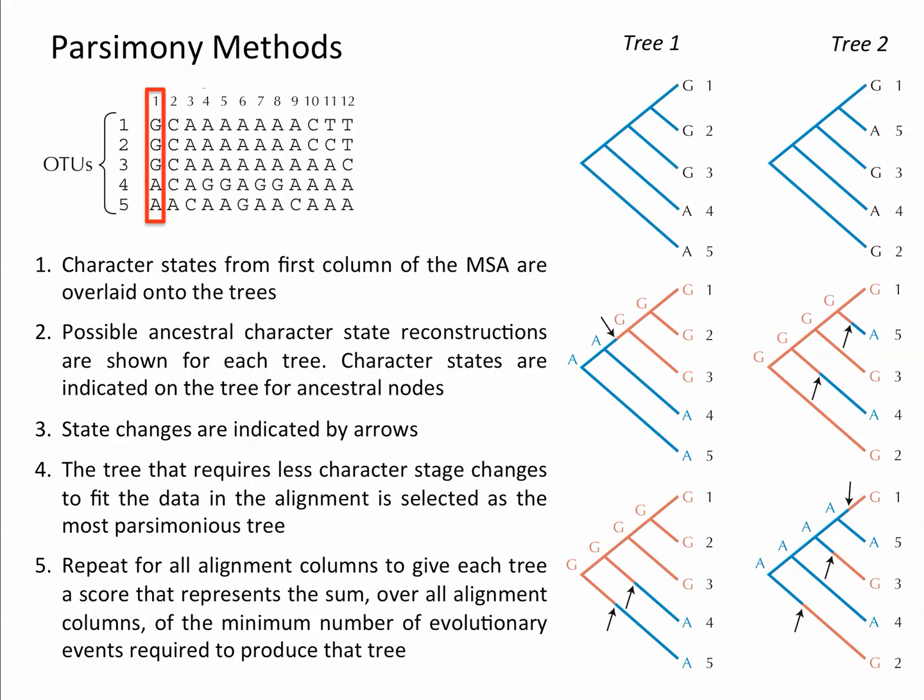So, we have our trees representing the different combinations of character states. And we reconstruct the ancestral characters that could give rise to the observed character states. These are placed in the ancestral nodes.